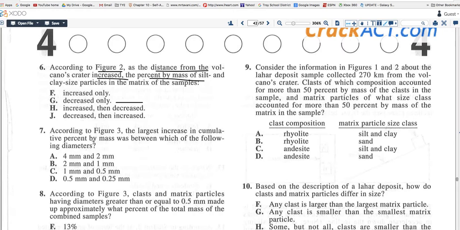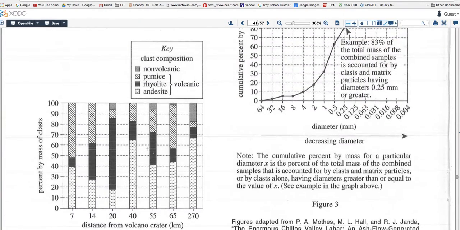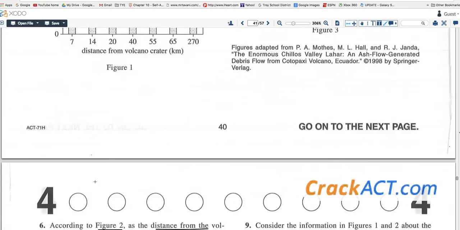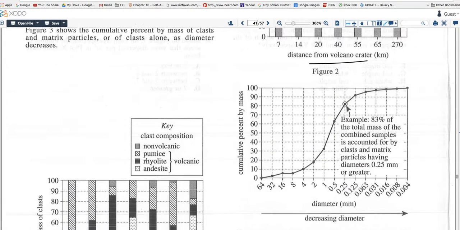All right. Next one. Who wants to do it? Yes. I underlined figure 3 and the largest increase in cumulative percent by mass, and I got C for this one. Good. Okay, so he underlined figure 3, largest increase. That's all we really need. So what are we going to do?